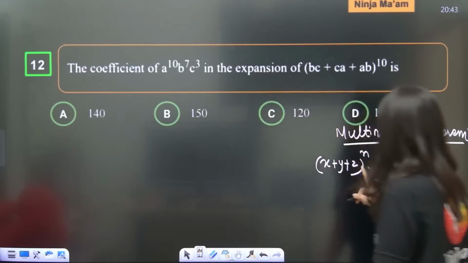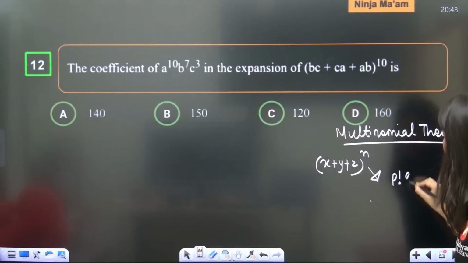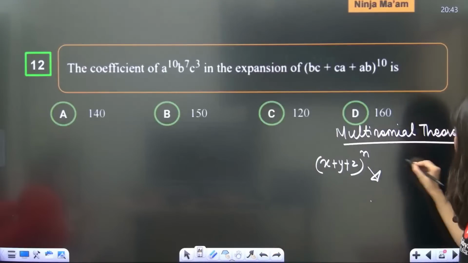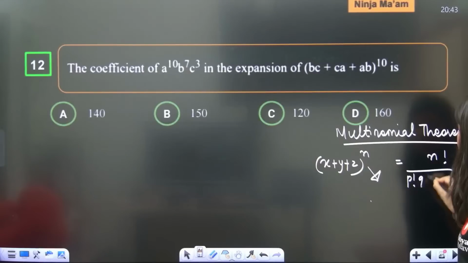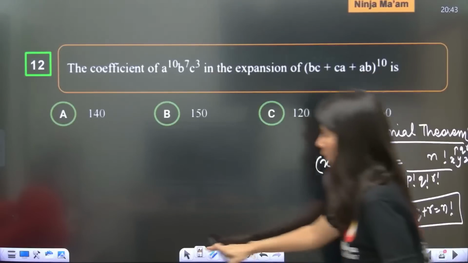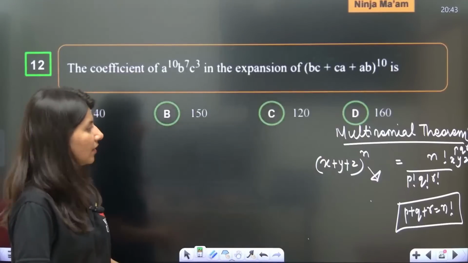A general term out of this expansion will be n factorial upon p factorial, q factorial, r factorial, with x power p, y power q, z power r, where p plus q plus r is equal to n. So this is what the general multinomial theorem is all about.